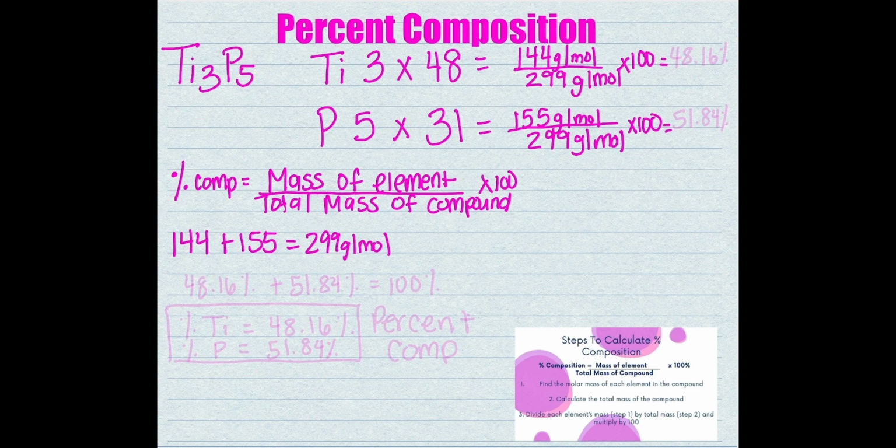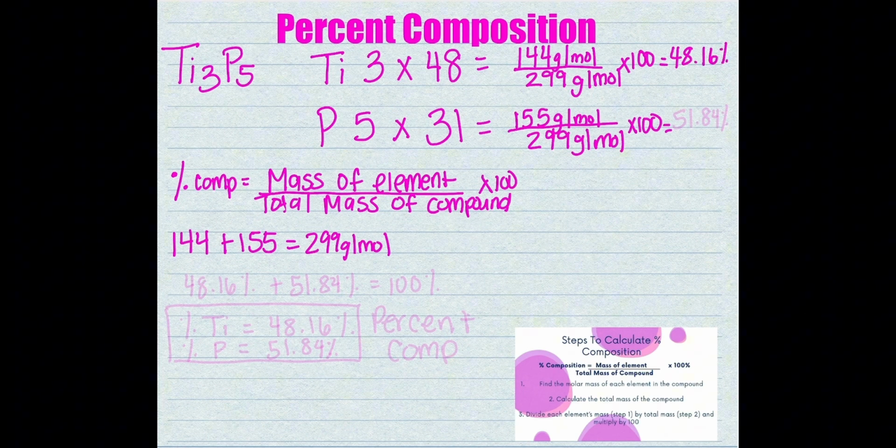Now make sure that you're not using your cell phone calculator. Make sure that you're using an actual real calculator so that you don't get your math mixed up, so that you're not having a calculator issue. So we're going to go ahead and do 144 divided by 299 times 100, which gives us 48.16%.